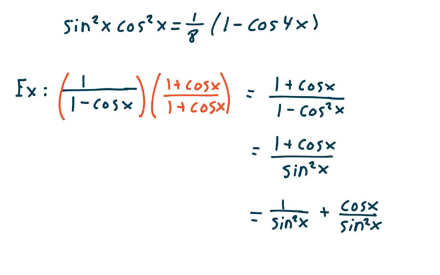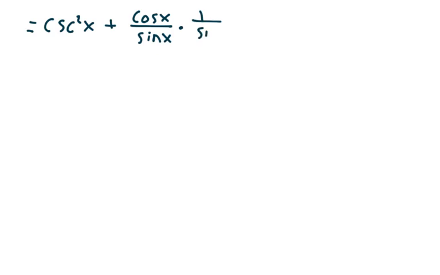But 1 over sine squared x is cosecant squared x. So this is cosecant squared x plus cosine x over sine x times 1 over sine x.